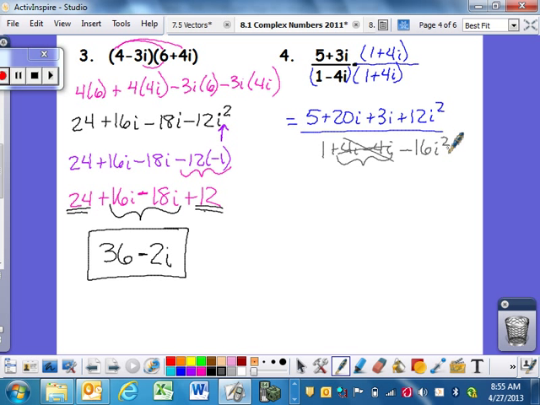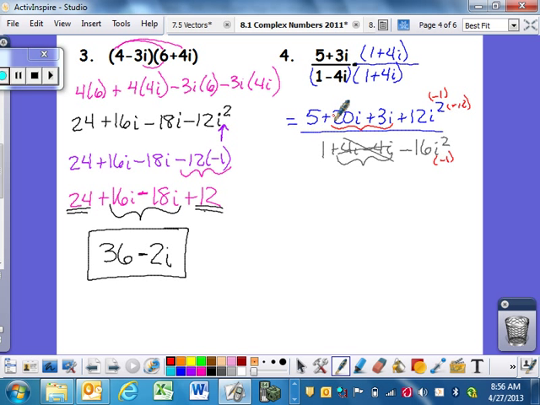And now you need to simplify both the top and the bottom. So what do I know about the top and the bottom that can be combined? Well, I know that this i squared in both spots can be a negative 1. Alright? So now the top, I know my i's can combine, 20i and 3i would be 23i. This right here is a negative 12.